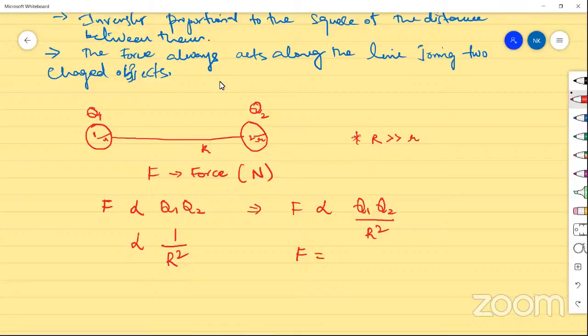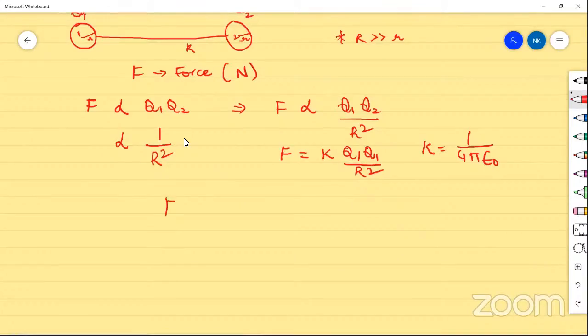When you remove the proportionality, mathematically you'll get a proportionality constant K. With experimental studies, K is found to be 1 by 4 pi epsilon naught. What is the magnitude of the force? 1 by 4 pi epsilon naught Q1 Q2 by R square.